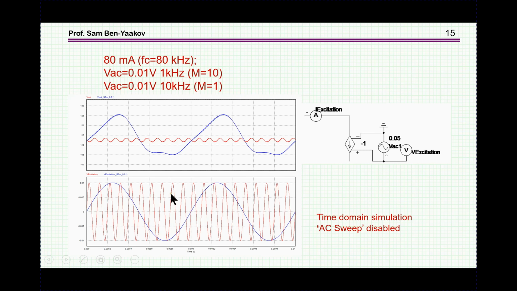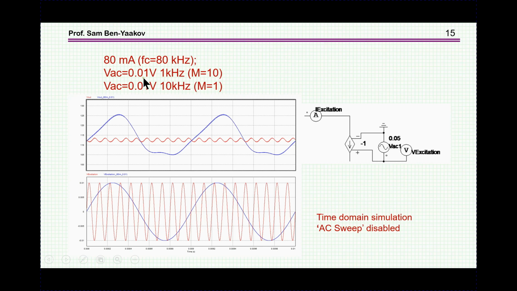This is the 10. This is the excitation, and this is the output signal. This is the output superimposed on the DC. We see the DC is about 100 volts, and we are superimposed on it. So we have a case of 1 kilohertz and 10 kilohertz.